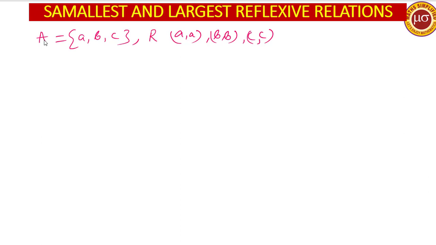Therefore, the smallest reflexive relation is nothing but the identity relation, that is {(a,a), (b,b), (c,c)}. And what is the largest reflexive relation? It is nothing but A cross A. A cross A is the largest reflexive relation on the given set A.